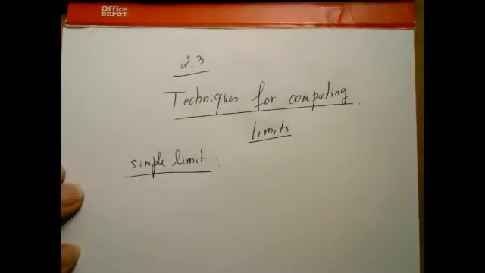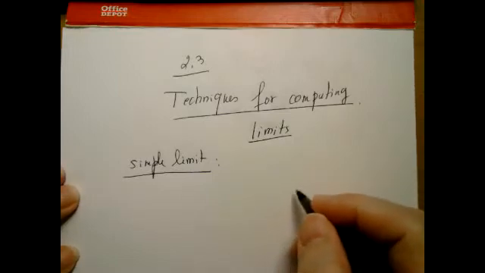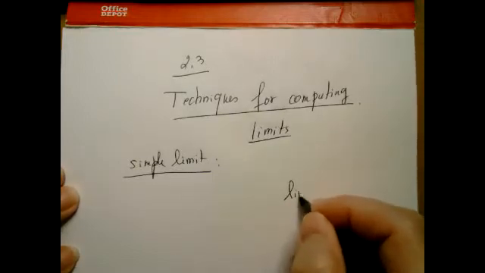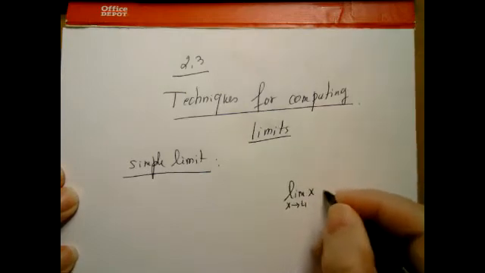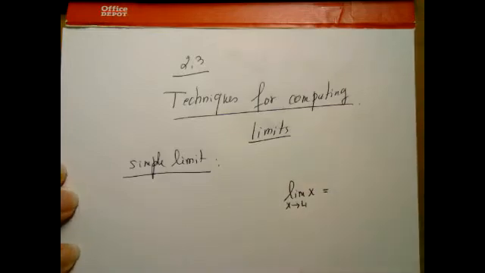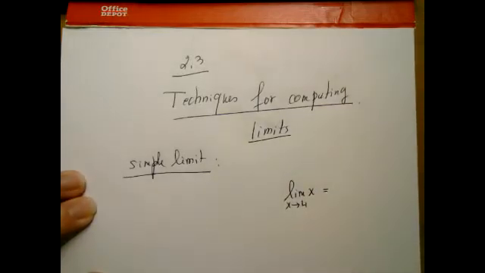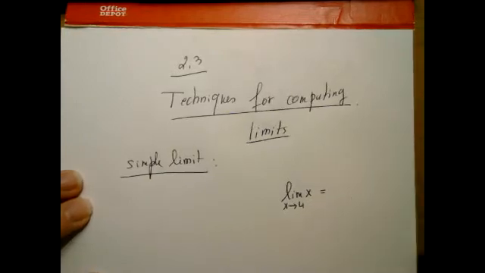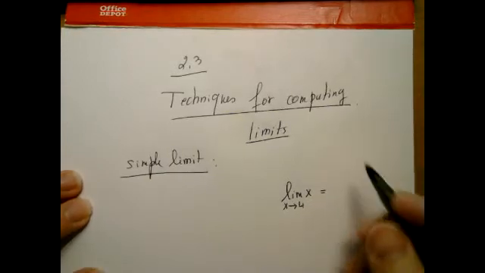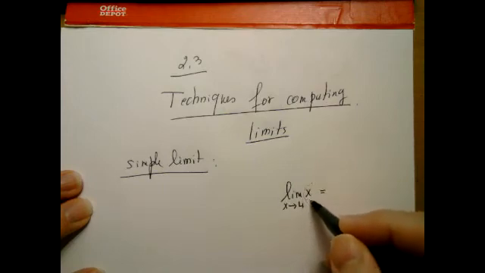Okay, so let me ask you the following. Suppose I take the limit as x becomes, let us say, close to 4 of x. What will be your answer? It means when x becomes close to 4, x itself takes what value? So my function here is x.